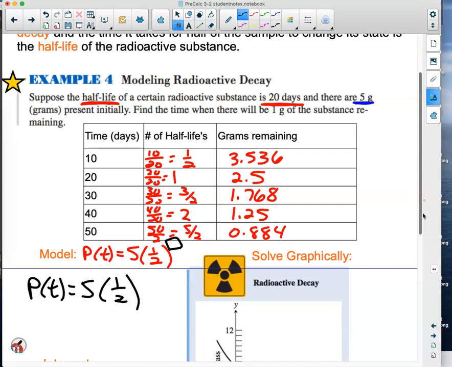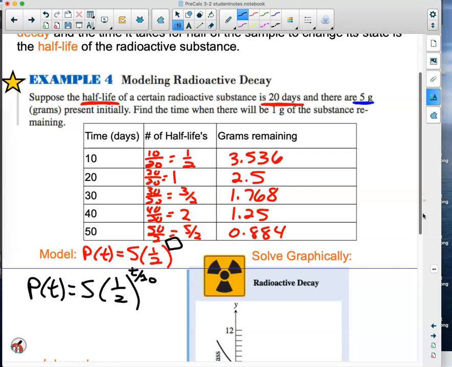So if I think of this generically, I need to take T and divide it by 20, because that's going to give me how many half-lives I'll have. That interval piece is so important for the time. So T divided by 20.